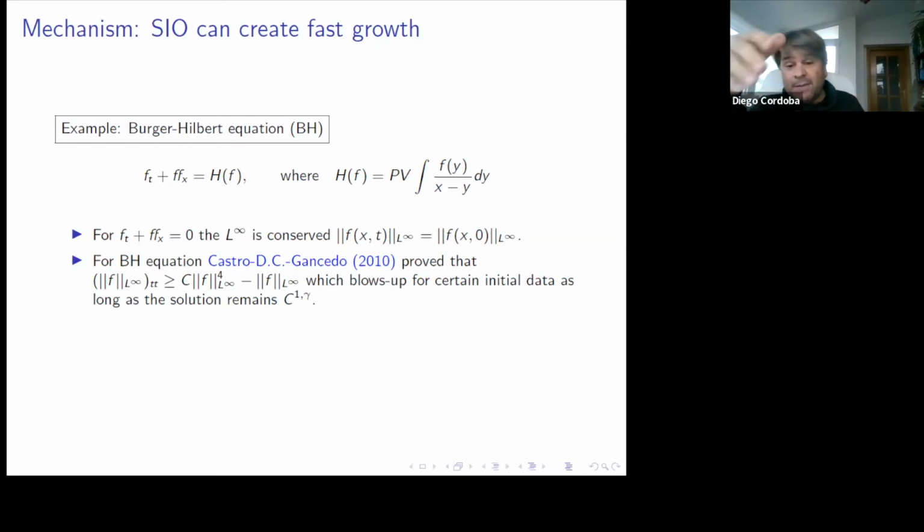And we prove that if the solution remains C^{1,γ}, then the L infinity norm of F grows, and this is due to the Hilbert transform. We were very excited about this result.